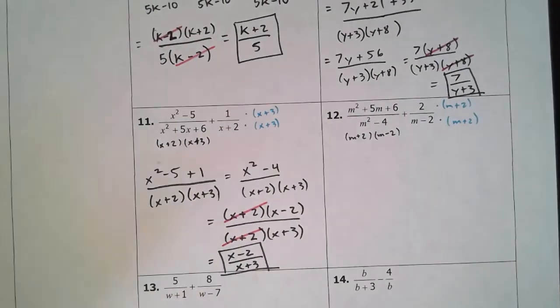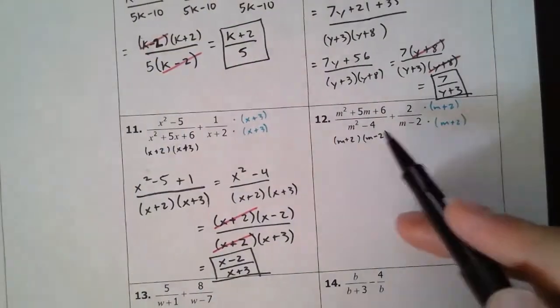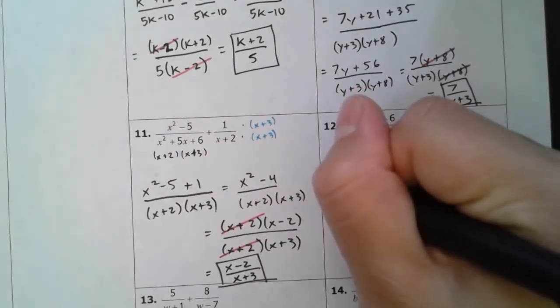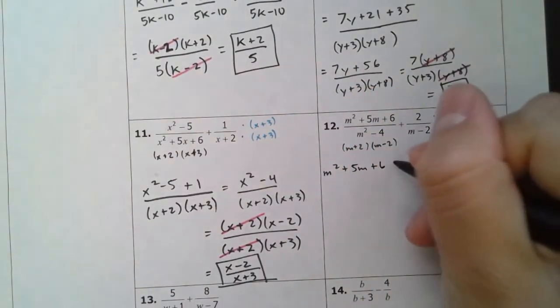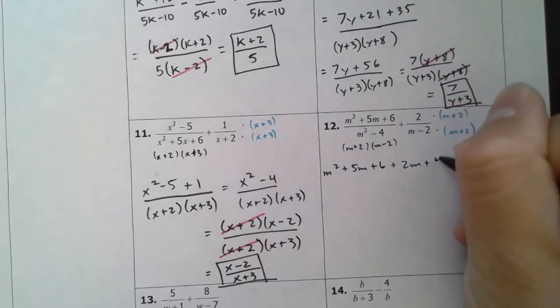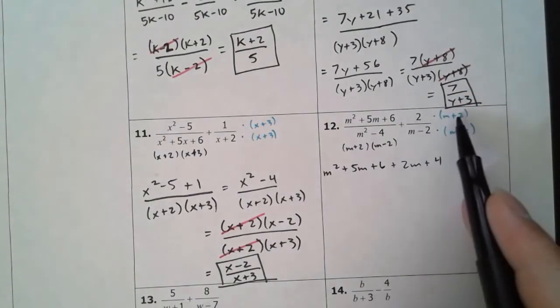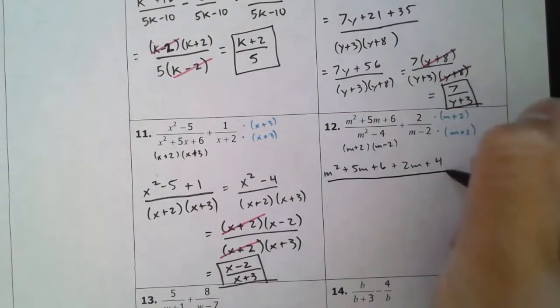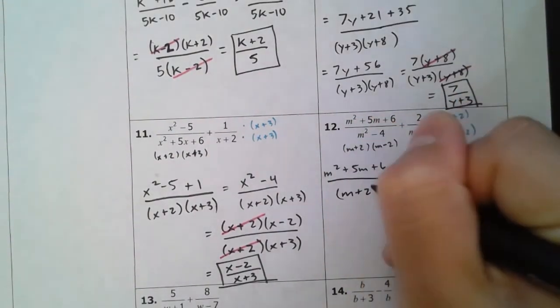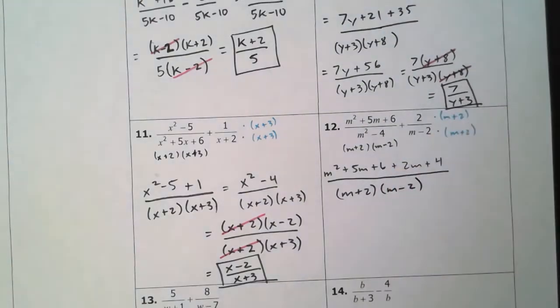I'm adding, so let's put all that together. m squared plus 5m plus 6 plus 2m plus 4, right? Because 2 times m, 2 times 2, I get 2m plus 4, all over m plus 2, m minus 2.